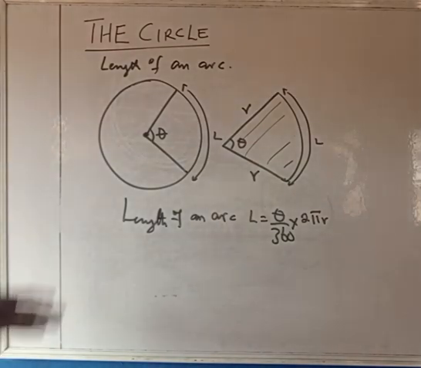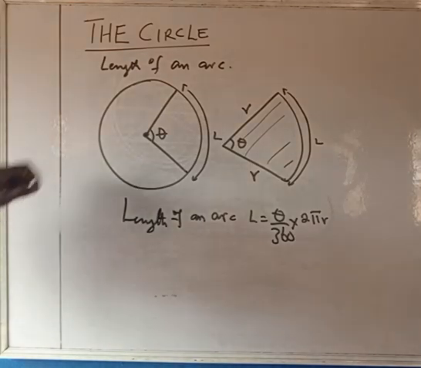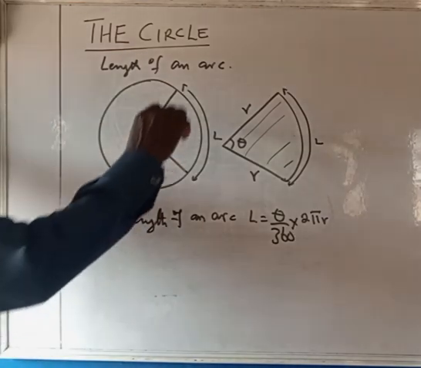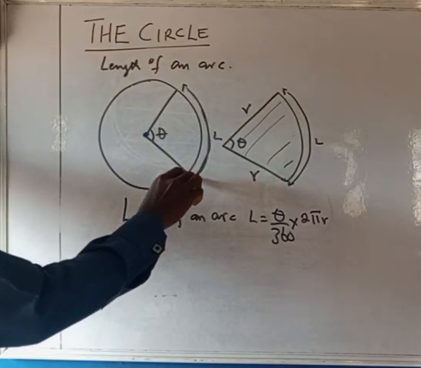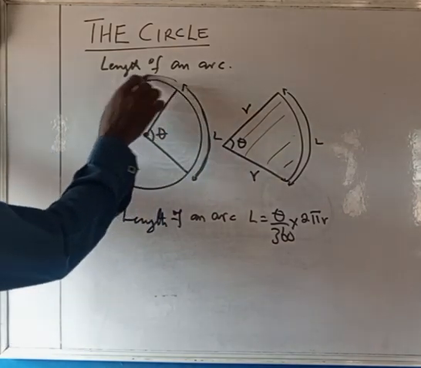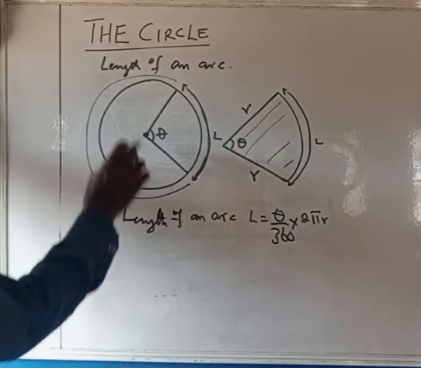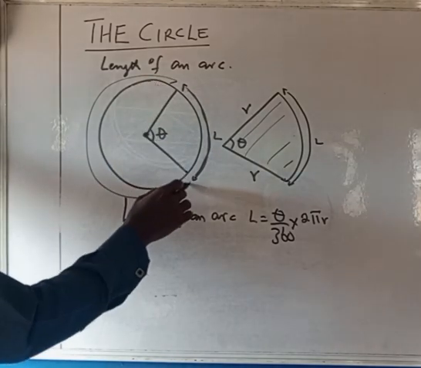Now, from here, we want to take examples. But before we go to the examples, remember also that this length of an arc is the minor arc. This other one is the major arc. You can be asked to find the length of the major arc.